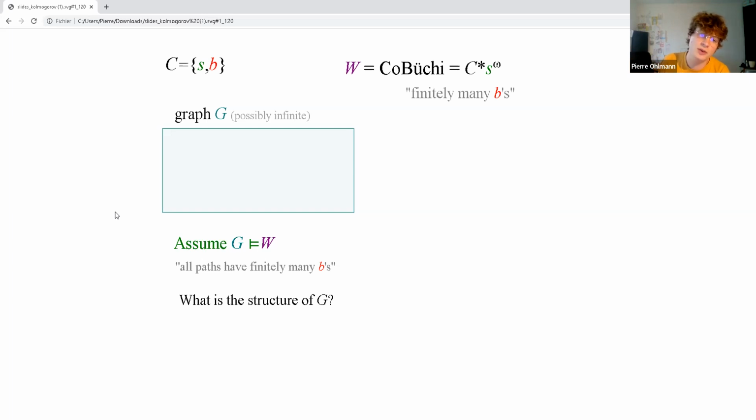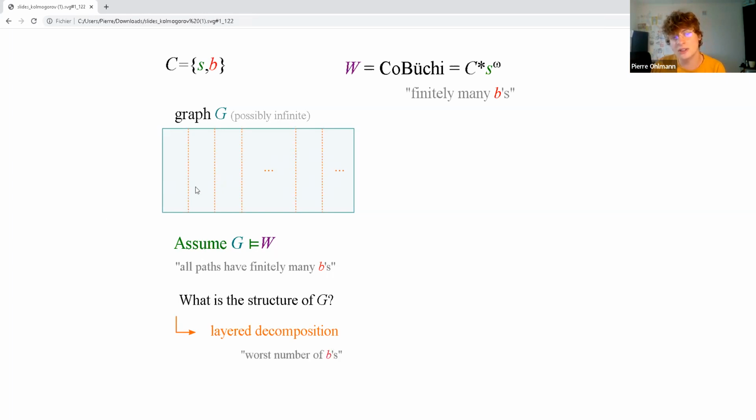Now if you think about it for a while, under the assumption that all the paths have finitely many bads, you can figure out that the graph has a kind of layered decomposition where each layer corresponds to, from a given vertex, what's the worst possible number of bad that I can see from that vertex. Since the graph is possibly infinite, there are possibly infinitely many layers, and the layers actually correspond to ordinals that capture this worst number of bads.